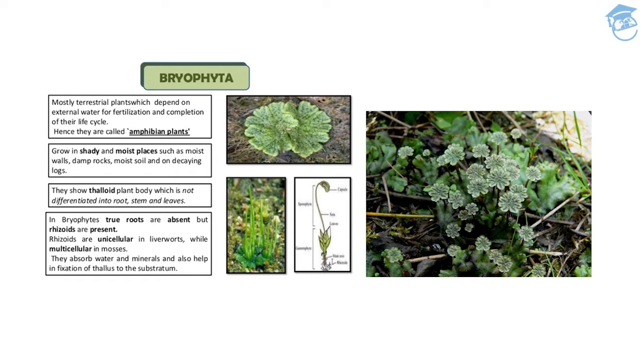Rhizoids are unicellular in liverworts, while they are multicellular in mosses. They absorb water and minerals and help in the fixation of the thallus to the substratum of the soil. So rhizoids have their own significance because they help in absorption of water and minerals, and in fixation of the thallus to the substratum.